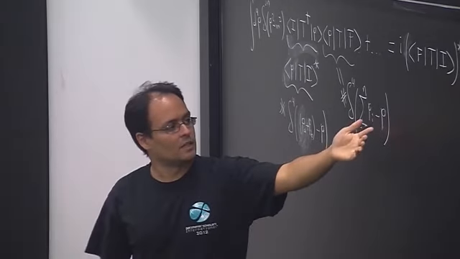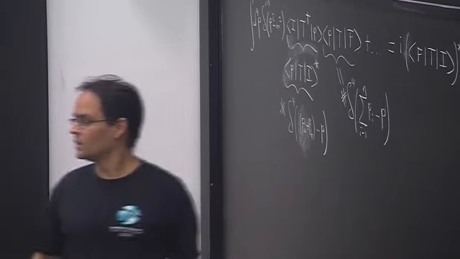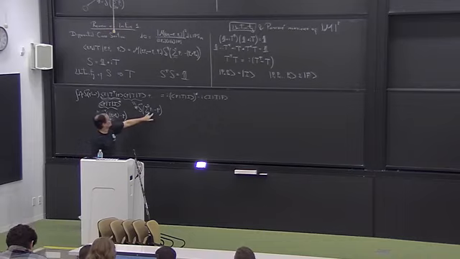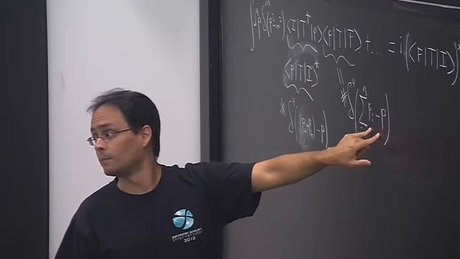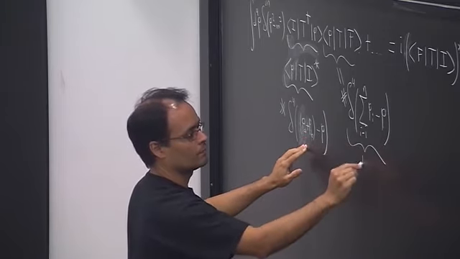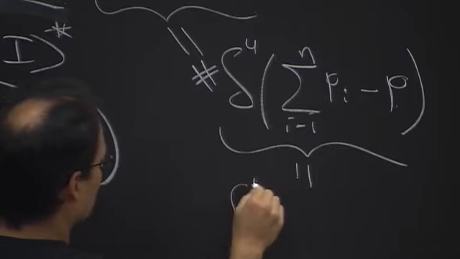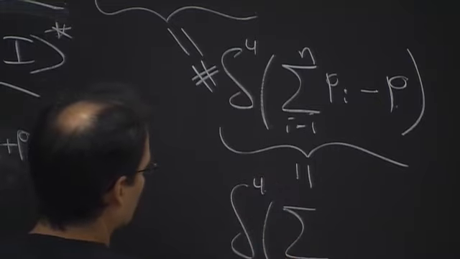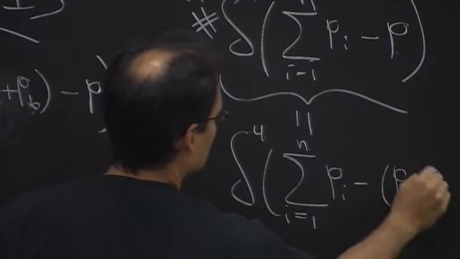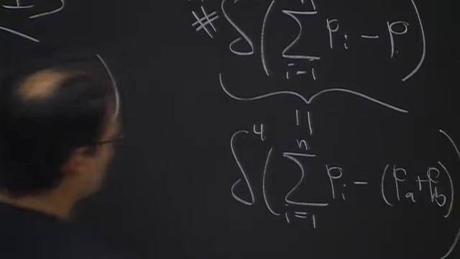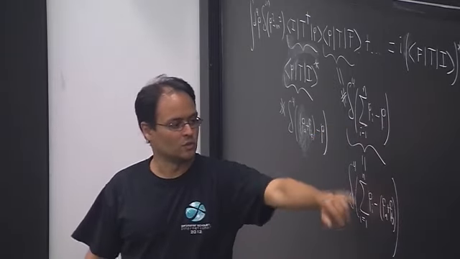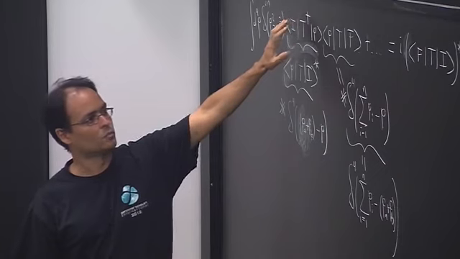If I combine these two delta functions, what do I get? Say, if I use on the support of this one, what does this one become? Very good. So on the support of that, this becomes the sum over I from 1 to n, pi minus pa plus pb. Okay? Very good. So I should remember that this is only true on the support of this one because this one is multiplying here.